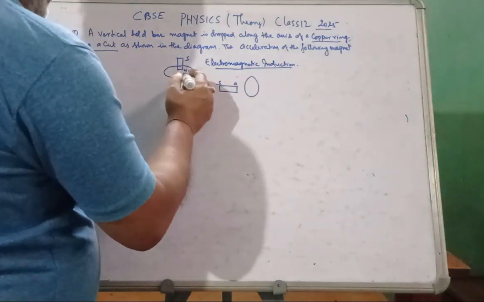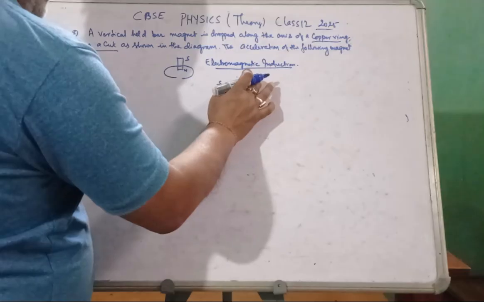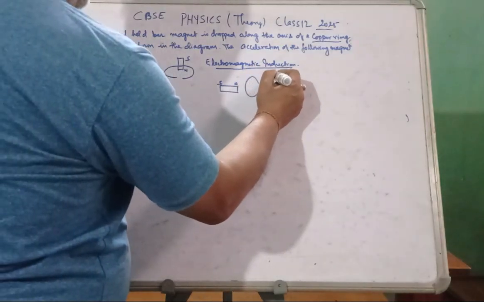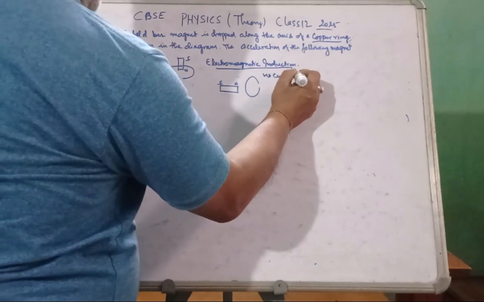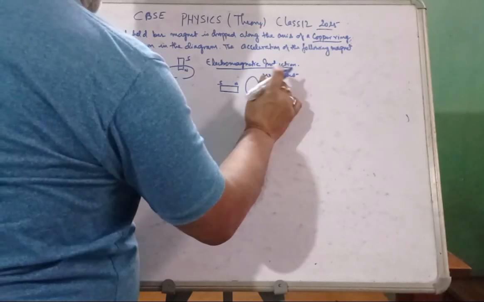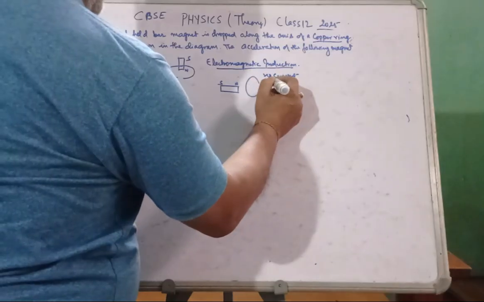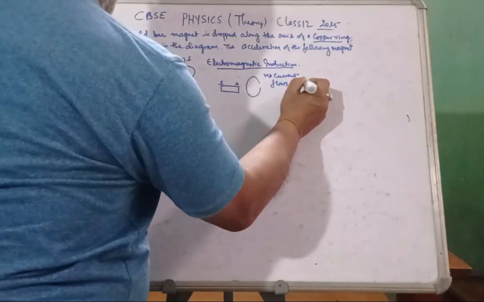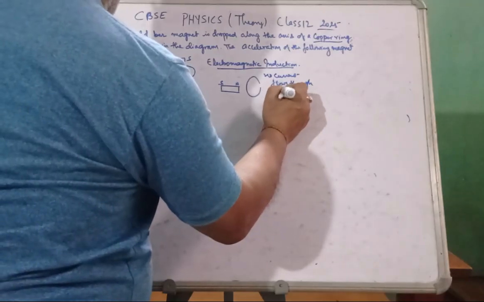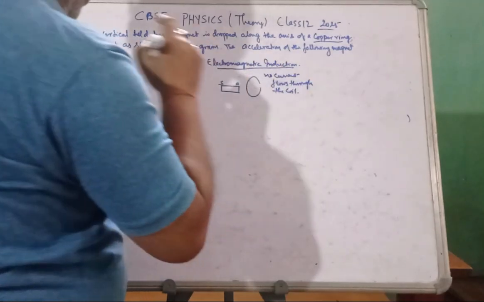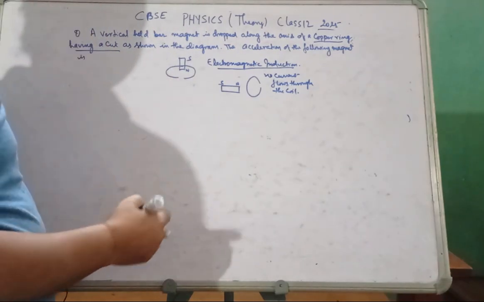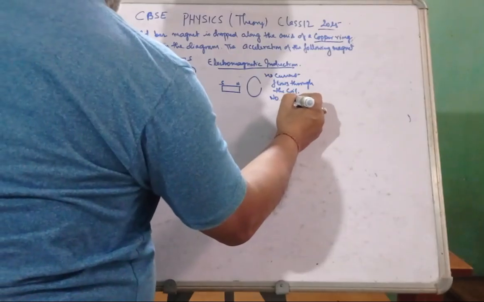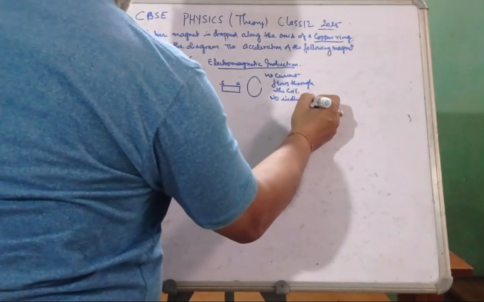But when there is a cut in the coil, no current flows through the coil. That means there is no induced EMF.